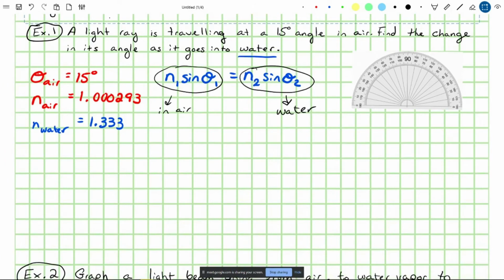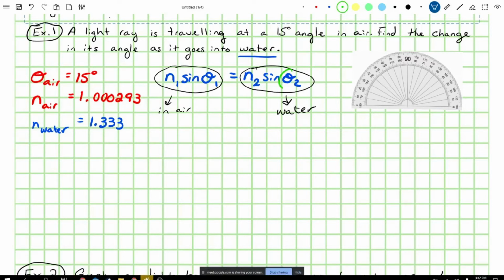Let's solve mathematically first though. Now we have theta of the air, the n number of the air, and the n number of the water. Therefore, we must be solving for theta 2 here. That's our only variable left. We need to rearrange this equation then to solve for theta 2. We're going to leave this side alone on the left here.